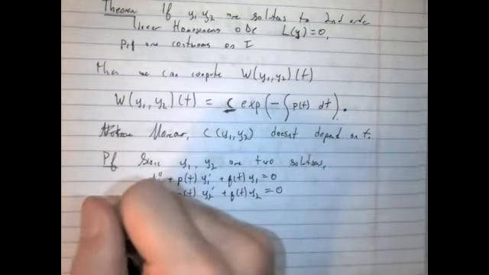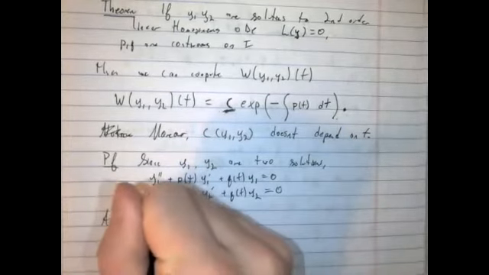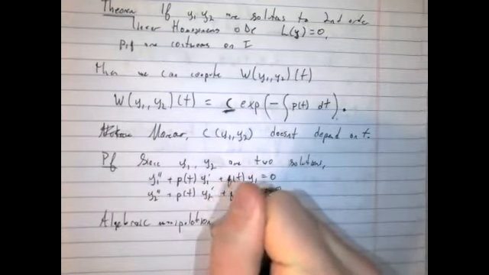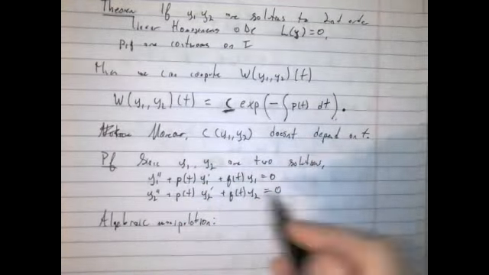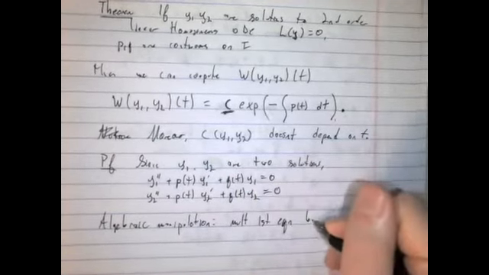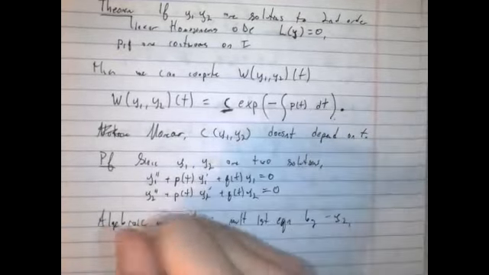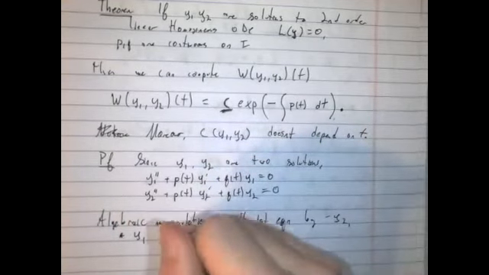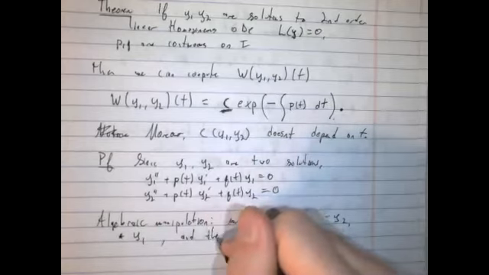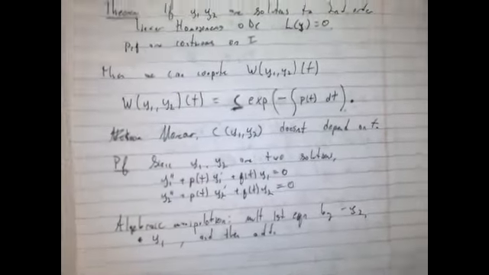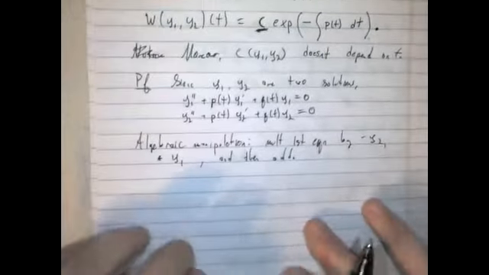So what we can do is we can make an algebraic manipulation. We can multiply the first equation by negative y2, and then we can multiply the second equation by y1, and then add. So at this point, this is just an algebraic manipulation that I'm doing. I'm going to examine the following thing.